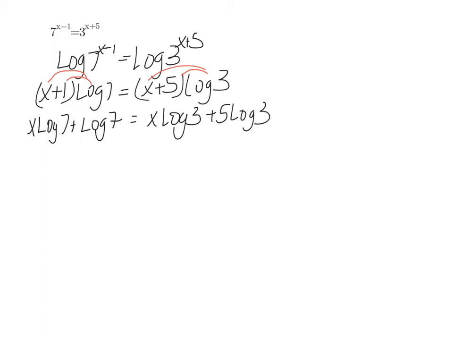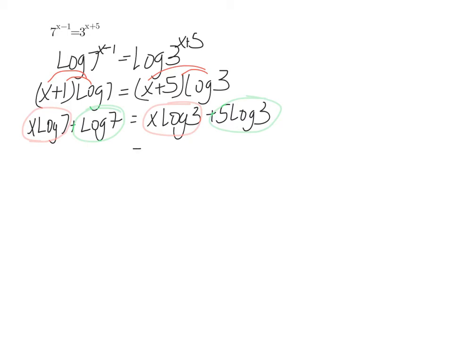And now we have some like terms here. We've got x's here, and then we have no variables here. So our goal is to get them on the same side of the equal sign, the red on the same side and the green on the same side.